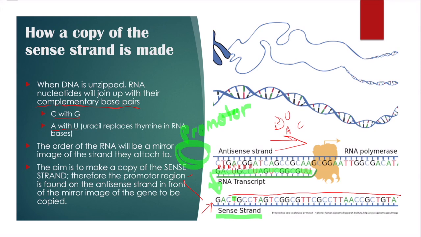But then you have to use that mirror image of the hand to fill it up with plaster to make a copy of the hand shape itself. So when we do impressions in plaster for art, we are literally making a mirror image of what we need to make a copy of. And DNA and RNA work exactly the same way.